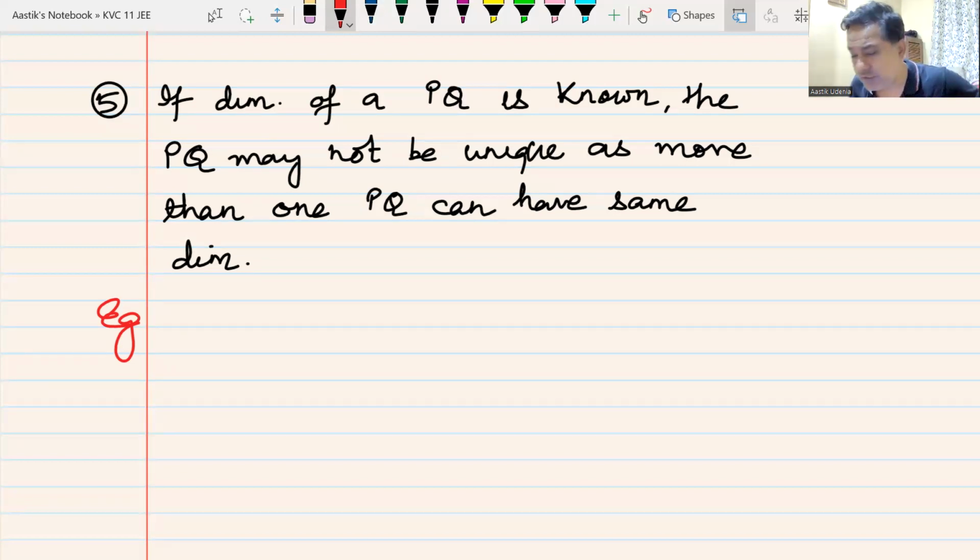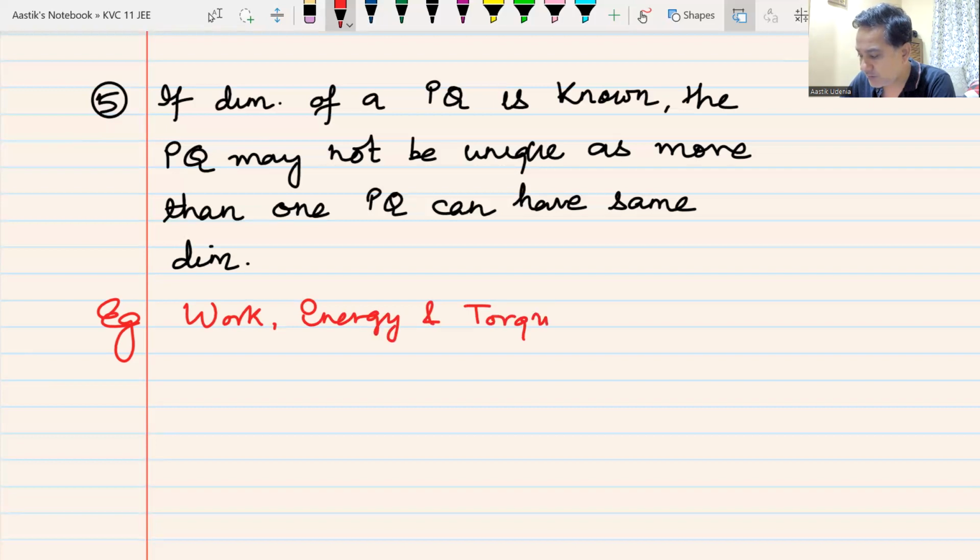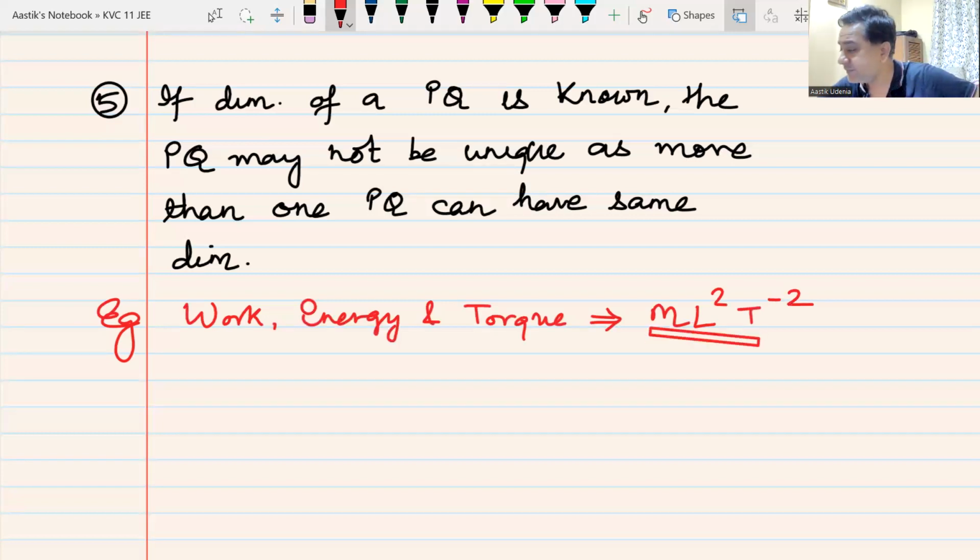The best example for this is work, energy, and torque. These three quantities have the same dimension: M L square T minus 2.